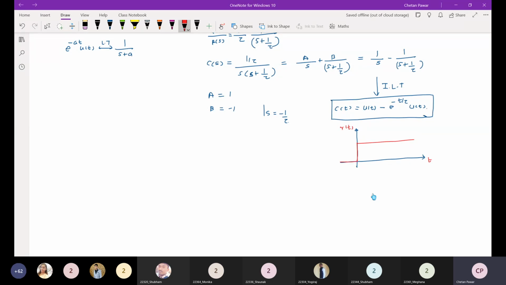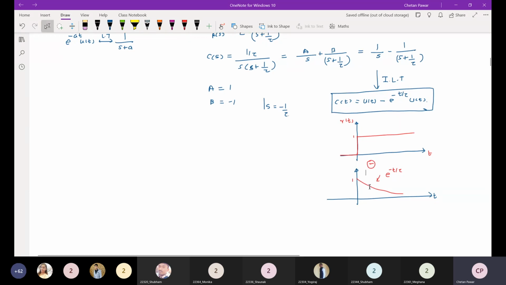Okay, so this is a unit step signal, the input signal, and then this is e raised to minus t by tau, so that will be like this.